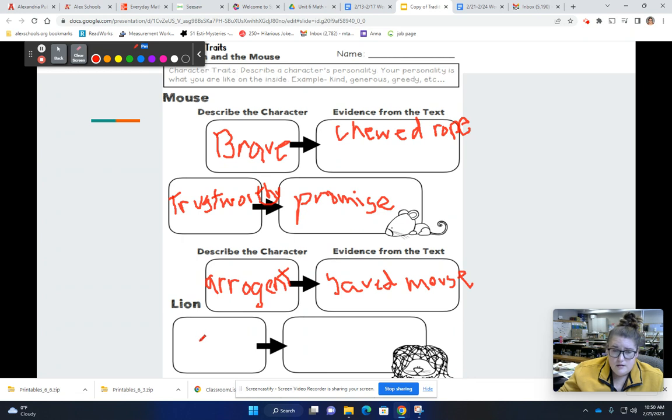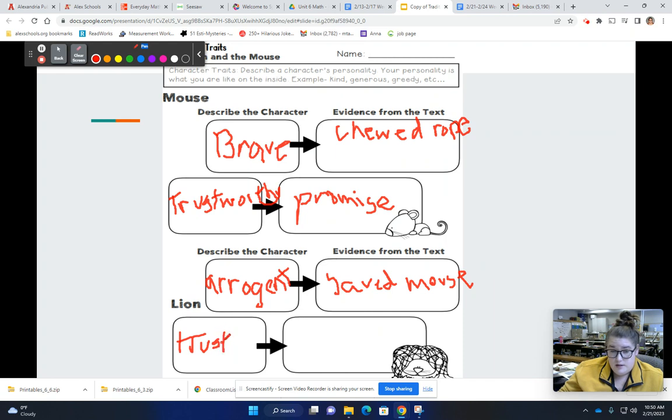But what else can we say about the lion? I think we can say at the end that the lion was very trusting.